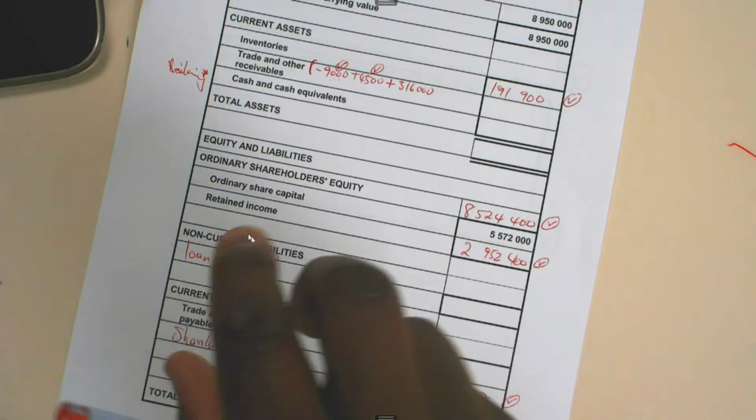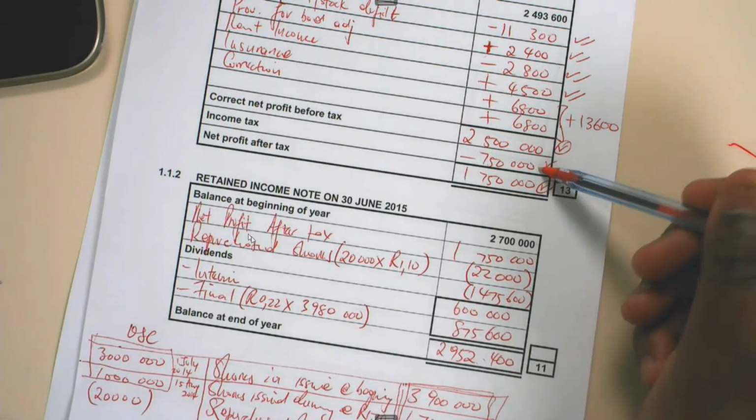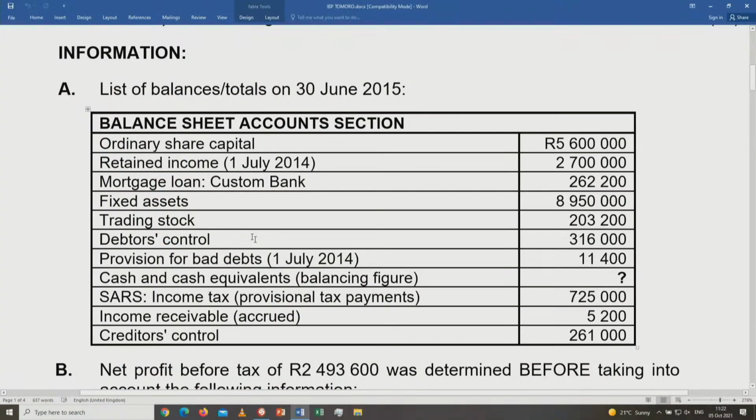The correct income tax comes from the income statement, and the company is supposed to pay 750,000. But the company has paid so far, provisionally, 725,000.